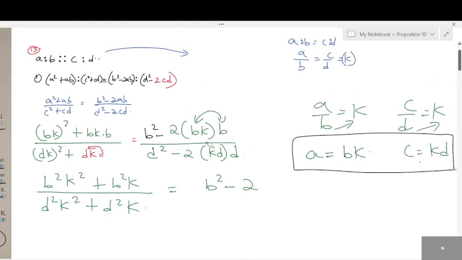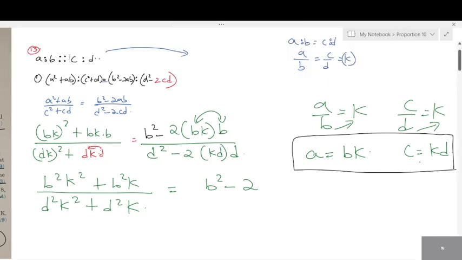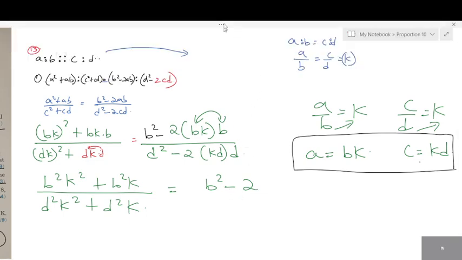What's the value of A? BK. So it has to be B square K. 2 into B square K. B into B is 2 into B square K divided by D square minus 2, when you open the bracket, K into D square.